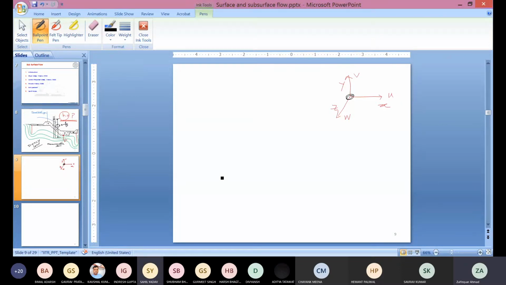So del u by del x plus del v by del y plus del w by del z. What is that equation? What is the name of that equation? Steady flow equation. No, this is a mass conservation equation, or the conservation of mass.